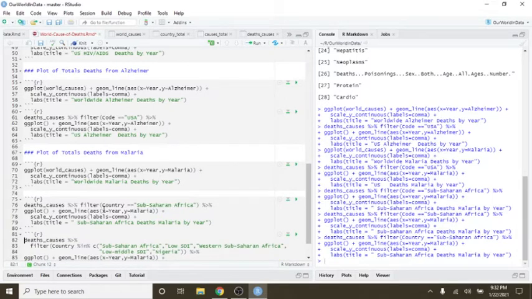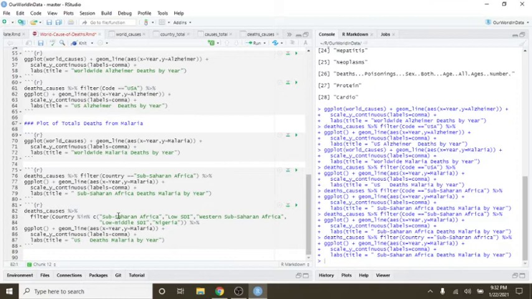We can plot a single country, or we can hopefully use this in function, country in this list here. And there's a couple things we could do at this point. Let's start with something fairly easy.